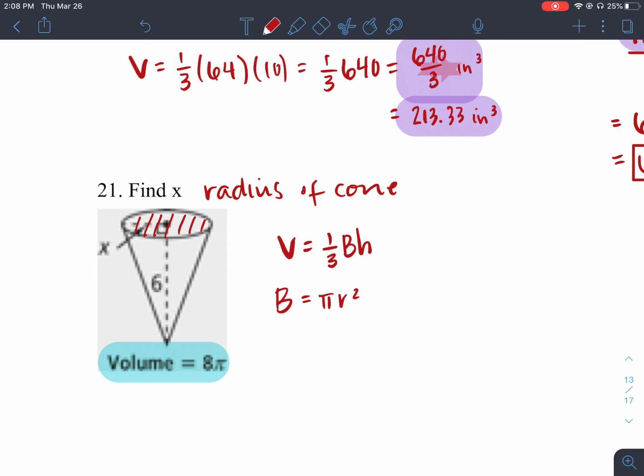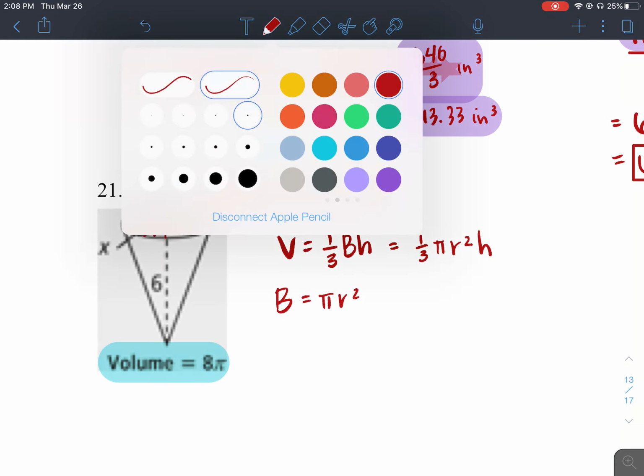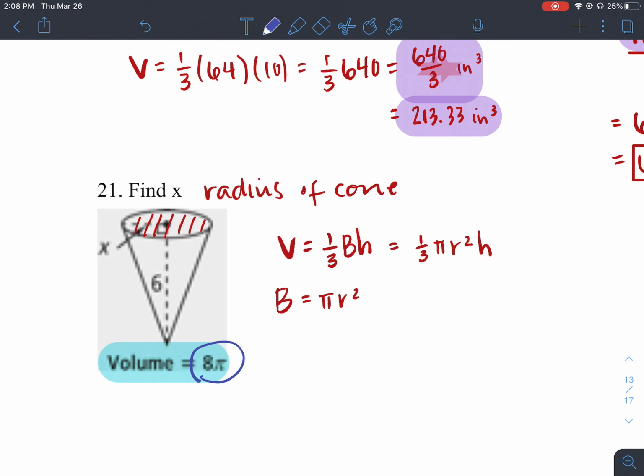So by taking my original volume formula and filling in pi r squared for capital B, I now have a volume formula that involves my radius. So what I can do is I can take the actual volume that I'm told, the volume of 8 pi, and I can take the 6 for my height, and the x for my radius, and I can create an equation.